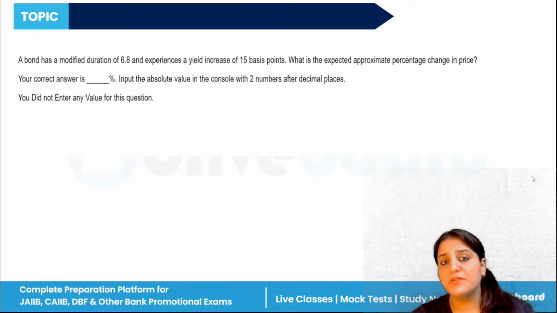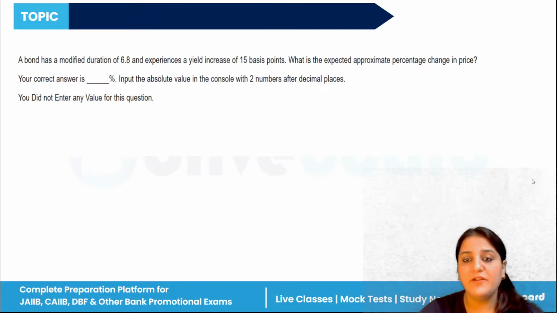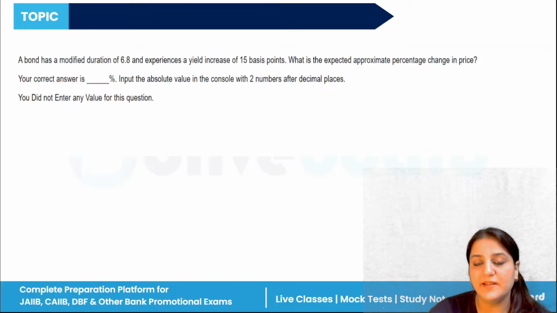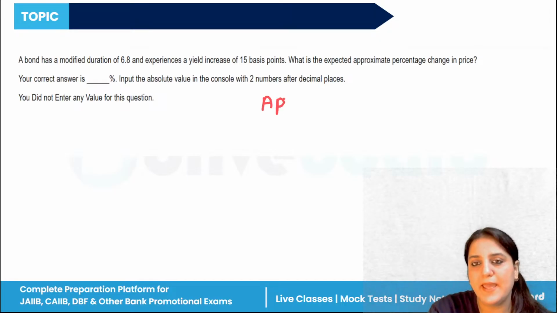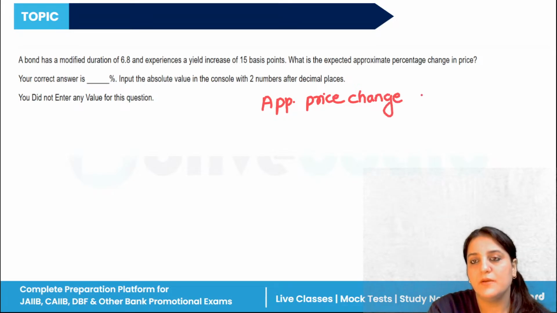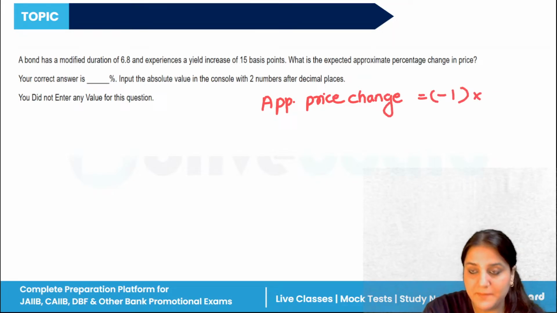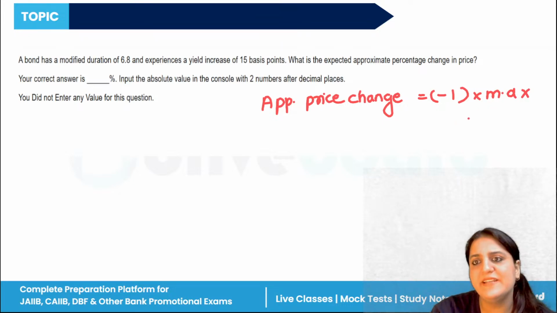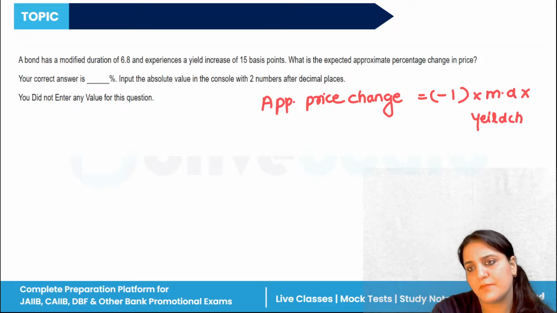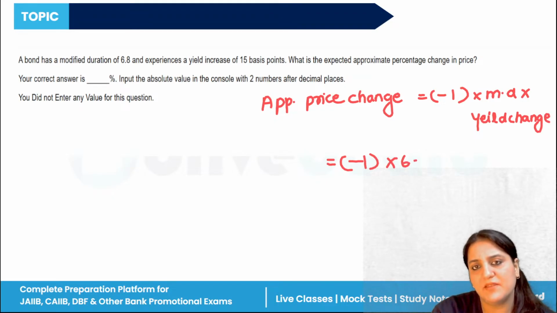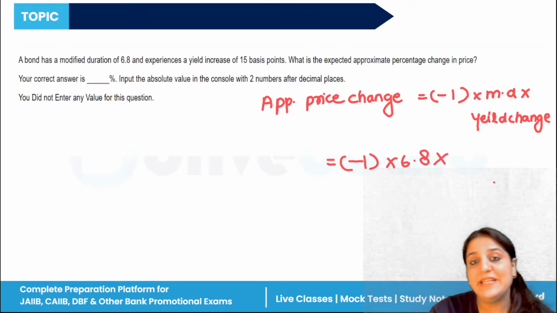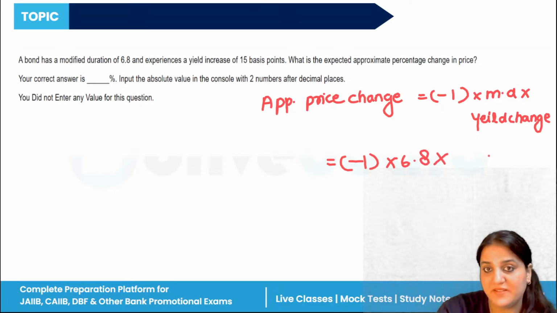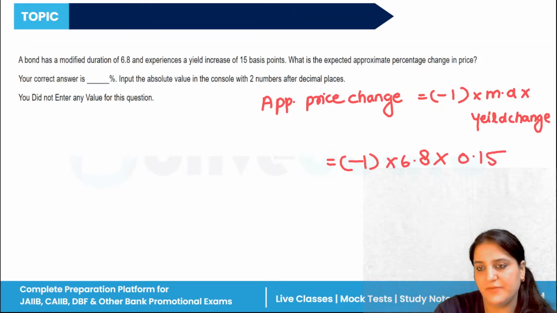See, for the approximate percentage change in price, we have to use a formula to calculate the approximate price change, which equals minus 1 multiplied by modified duration multiplied by the yield change. So minus 1 multiplied by 6.8 multiplied by the yield change of 15 basis points, so it is 0.15.